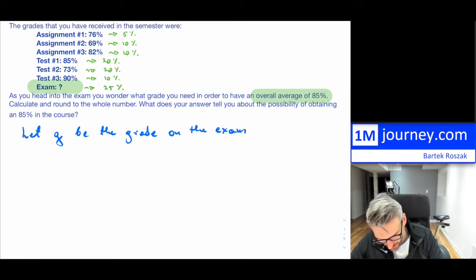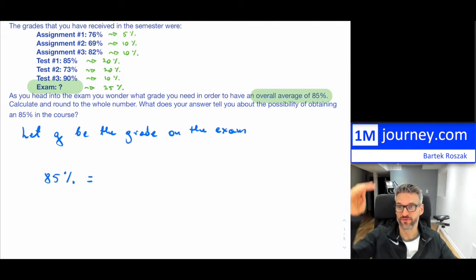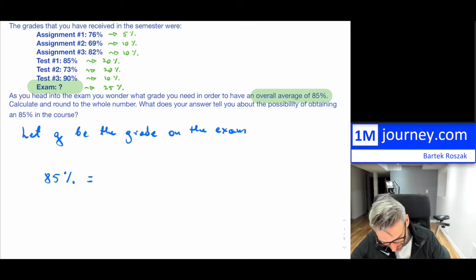So if I know that I need an 85% average, then this is supposed to be equal to the sum of all the weighted averages divided by the total weight. Now the total weight in this case adds up to 100. So my total weight is all the different weights. So the first thing that I'll do is calculate.